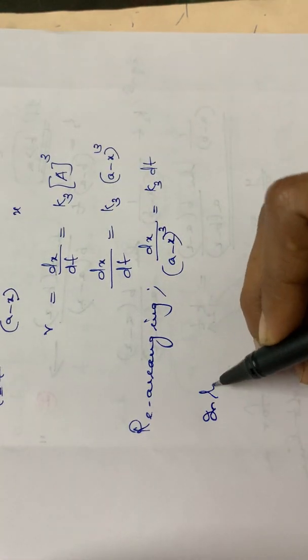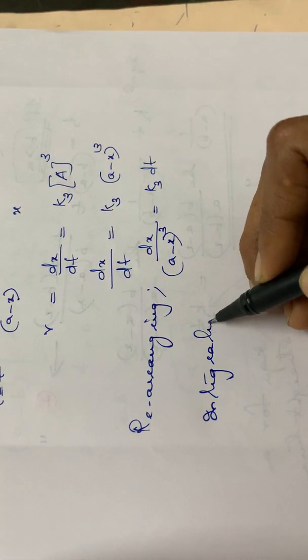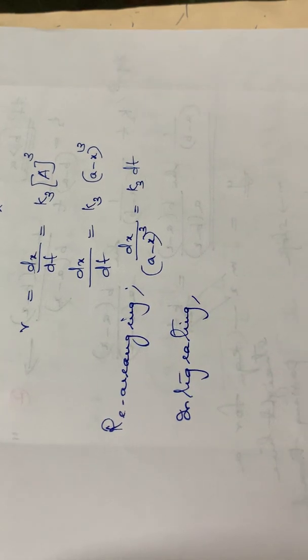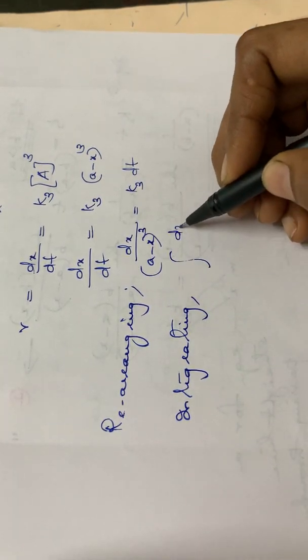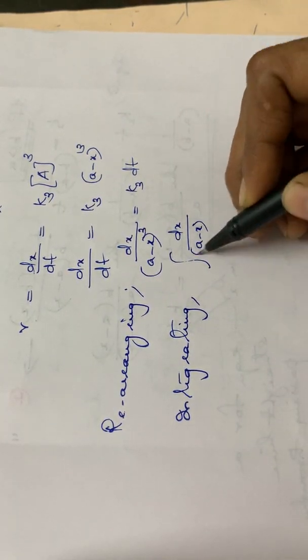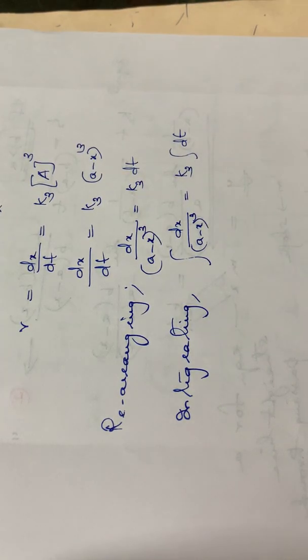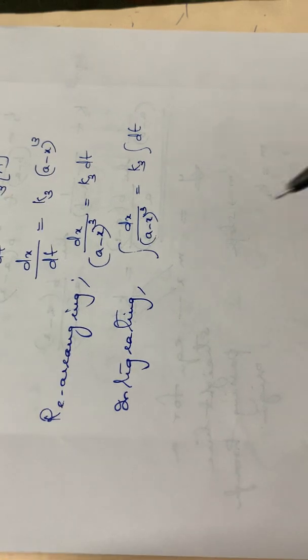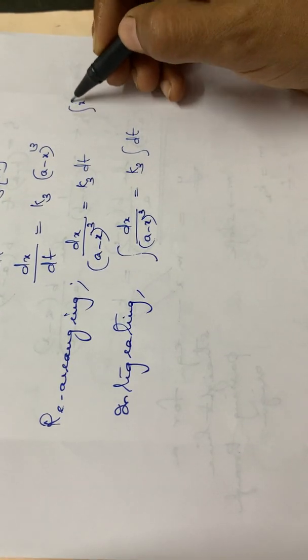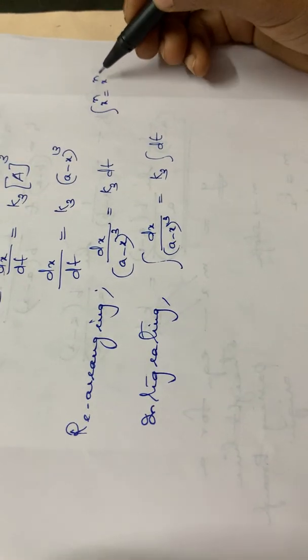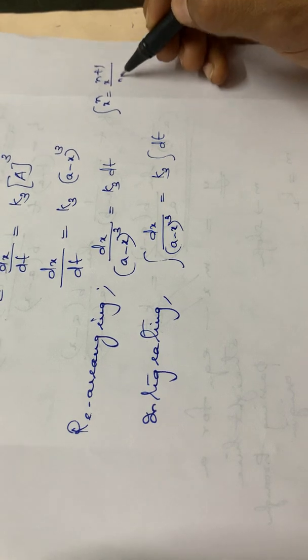Then the next step, integrating the above equation: integral dx divided by a minus x, the whole cube, is equal to k3 into integral dt. Then again, just as in the previous case, the integral of x raised to n is x raised to n plus 1 divided by n plus 1.